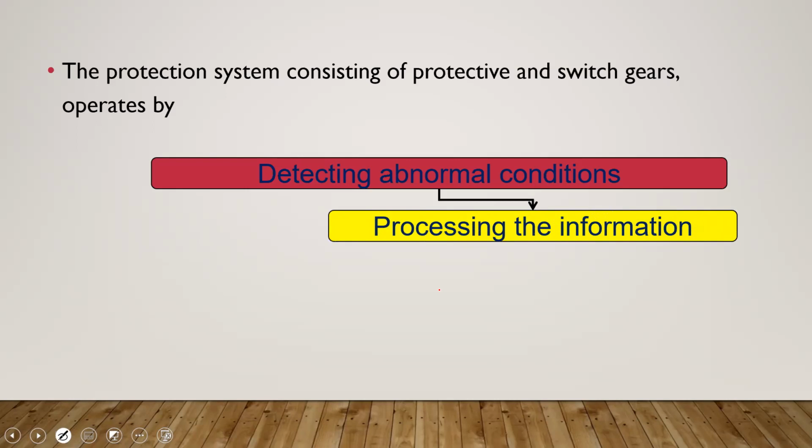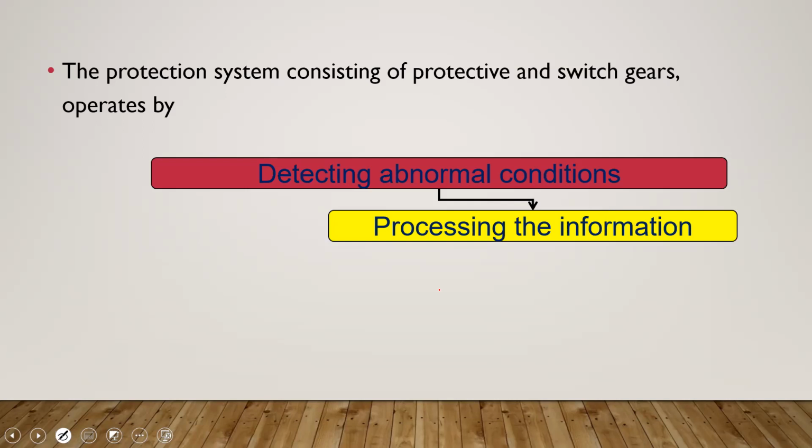Next, we want to process the information. So the processing will have to have some intelligence. Whether it is as simple as a bimetallic strip, or a static relay, or an electromagnetic relay, you name it, we have to process it.